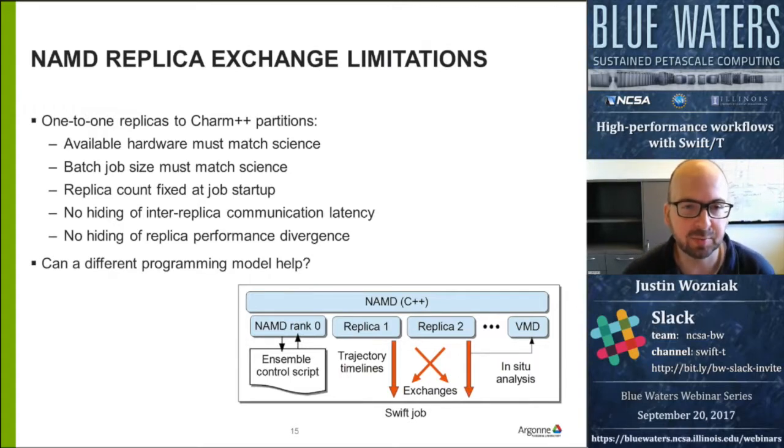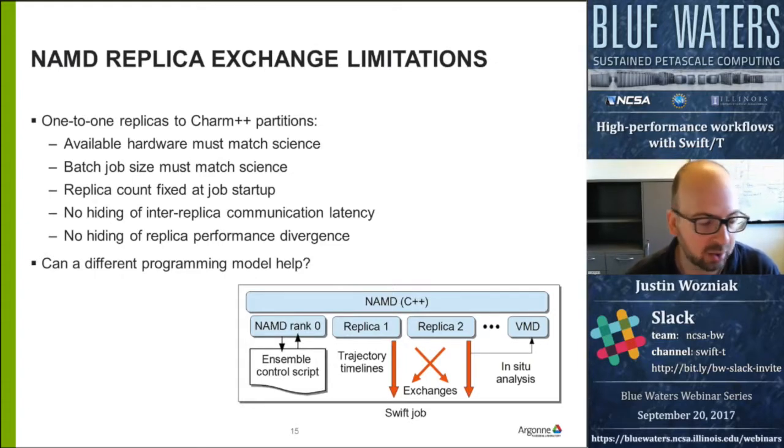Now I'll talk about a few more applications. We had a nice collaboration with the NAMD team at University of Illinois. They were looking to revamp the way that they were doing replica exchange, which is a biomolecular simulation workflow. Basically you're running a bunch of NAMDs, and every once in a while they're going to stop and exchange data and maybe send some data to VMD for visualization.